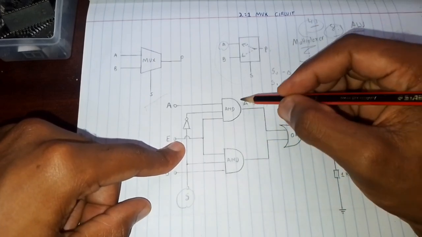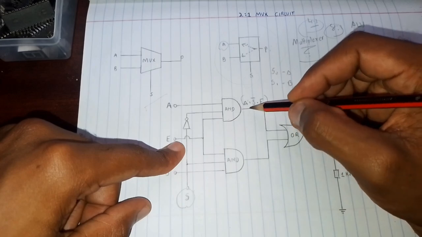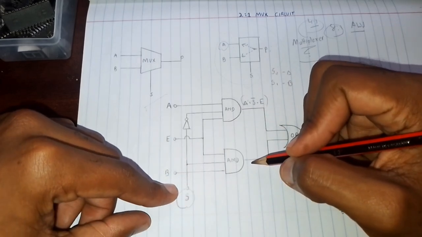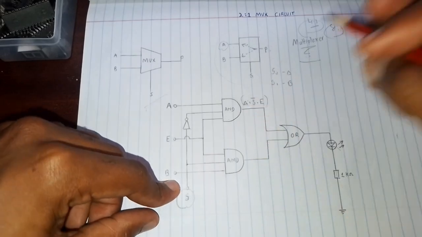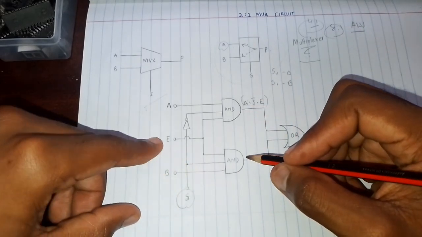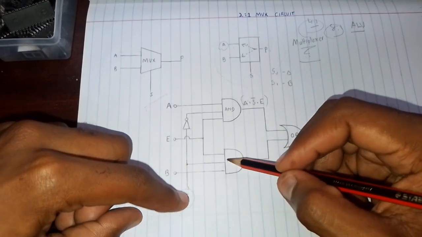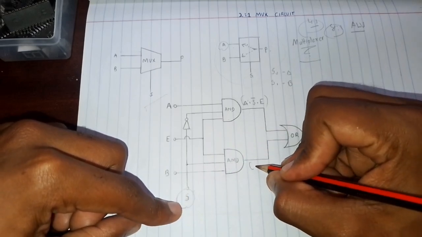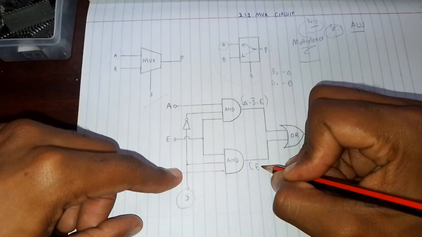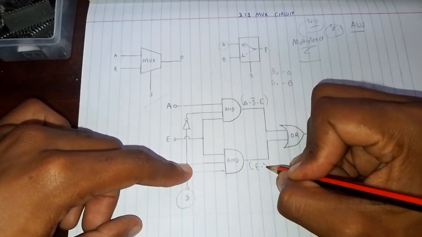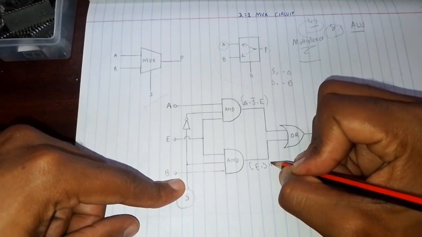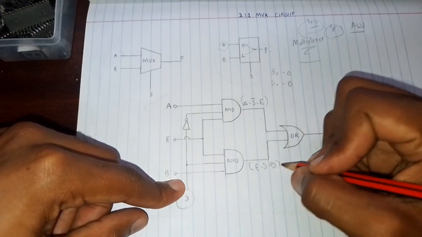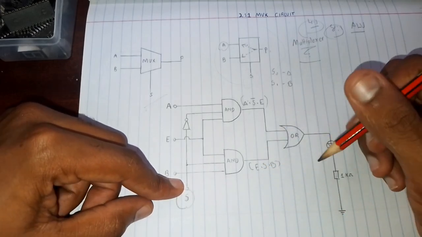Then AND gate B has inputs enable, S, and B. This output can be written as enable, then S, then B. You can start with B, E, S, or however you want it to be.